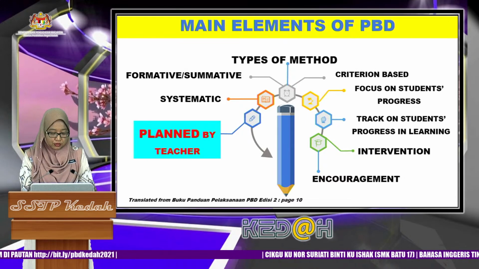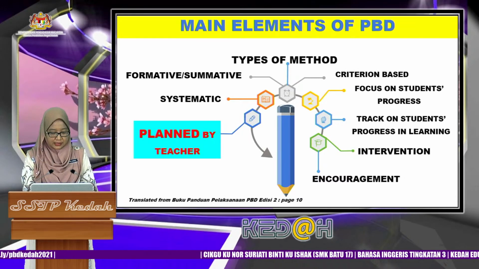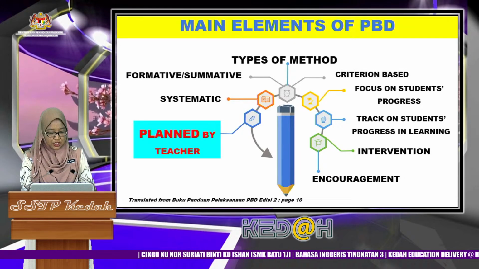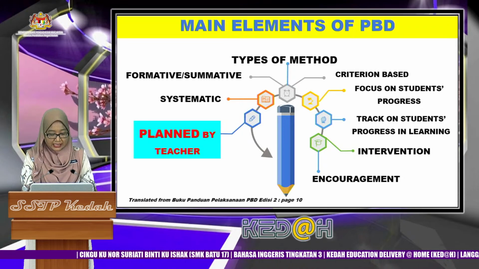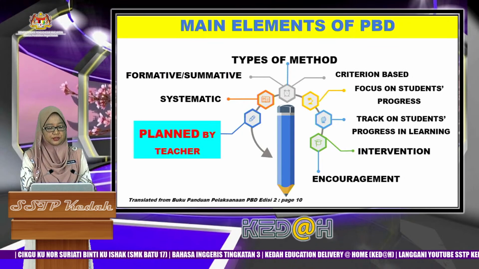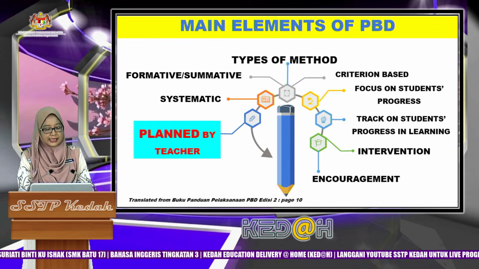Pay attention also to the types of methods used in the classroom assessment. Classroom assessment is criterion-based and it should be focusing on students' progress. You should focus on their ability, not comparing the pupils. It should help the teachers to track the progress easily.